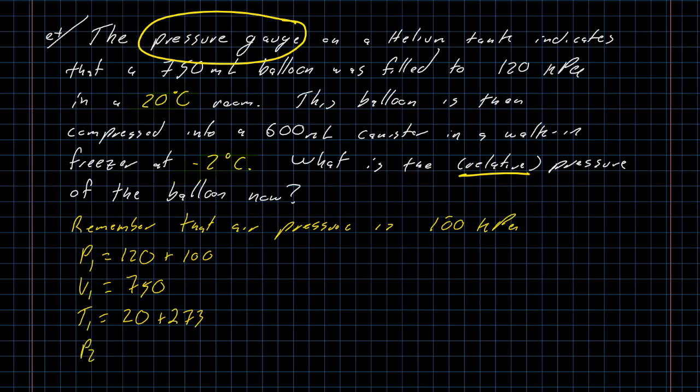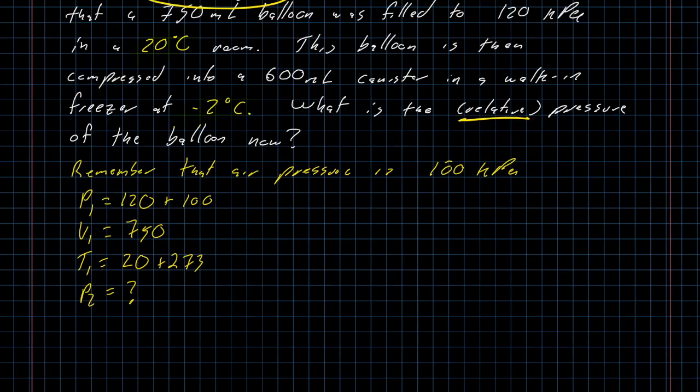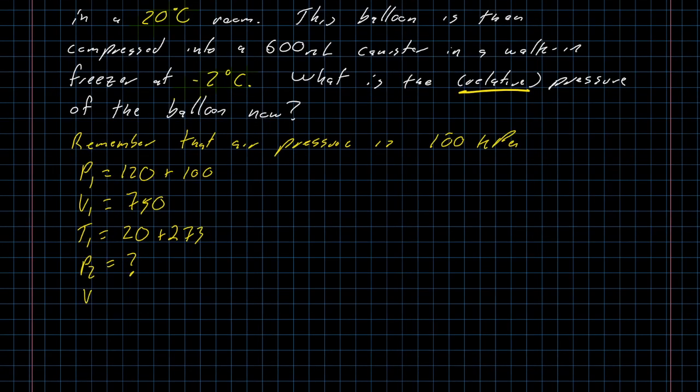P2, pressure at the end, that's unknown. That's what we're being asked for. Volume at the end is 600 milliliters. And temperature at the end is -2, but again, we have to add 273 to get a usable number. All right, so our initial pressure is 220 kilopascals.